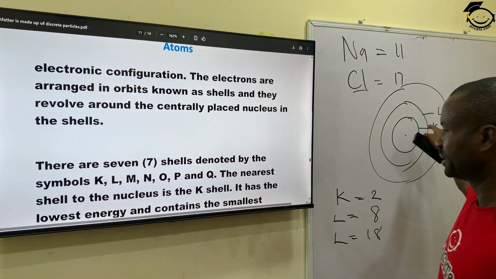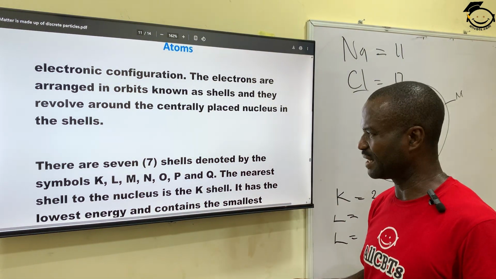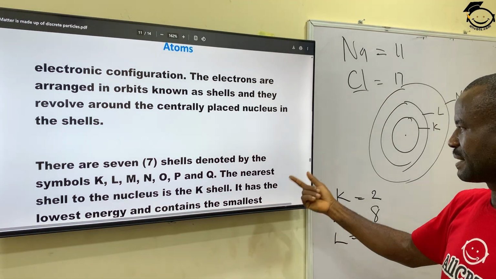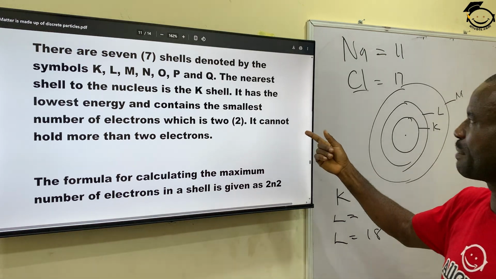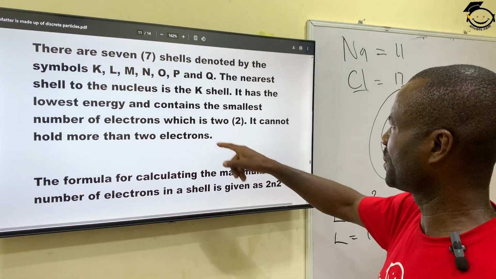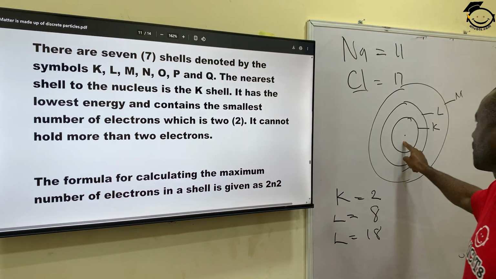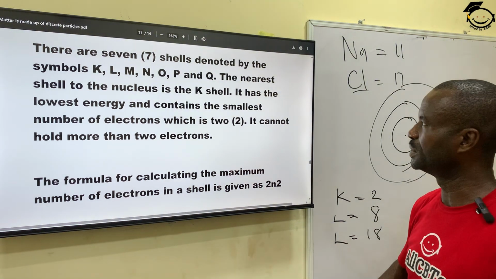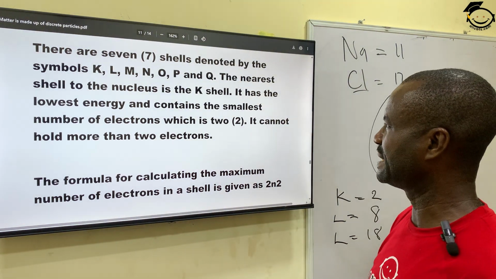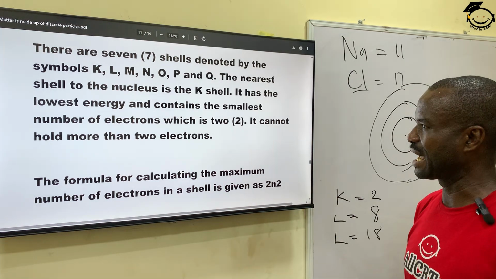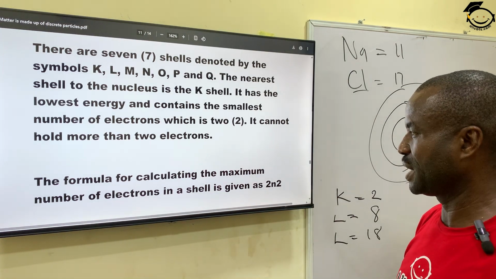Each shell has the capacity to carry certain amounts of electrons. The nearest shell to the nucleus is the K. The one that follows is the L, and so on. K has the lowest energy and contains the smallest number of electrons, which is 2. It cannot hold more than 2 electrons.